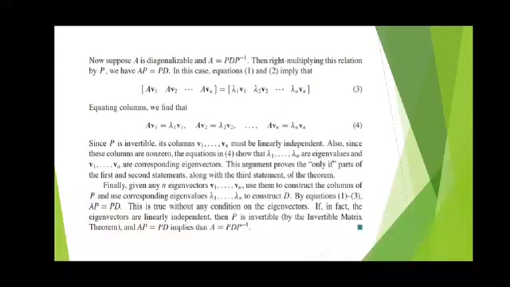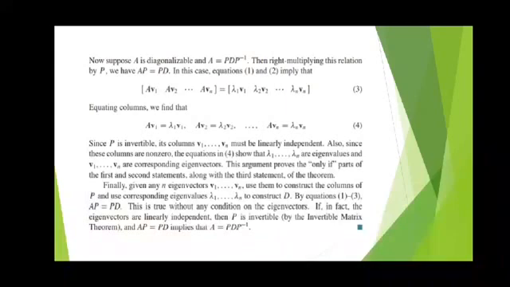In this case, equations 1 and 2 imply that both are equal. So AV1, AV2, and so on, AVn is equal to lambda 1 V1, lambda 2 V2, and so on, lambda n Vn. Equating the columns, we find that AV1 equals lambda 1 V1, AV2 equals lambda 2 V2, and so on, AVn equals lambda n Vn.